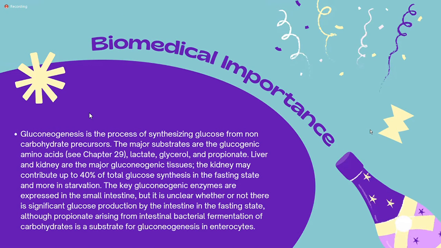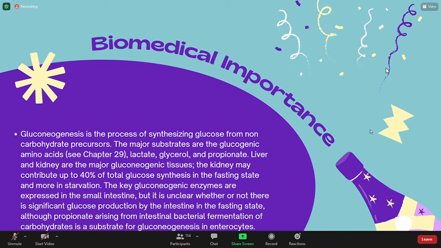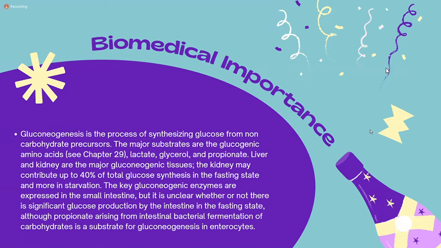And liver and kidney are the major gluconeogenic tissues. The kidney contributes about 40% of the total glucose synthesis in the fasting state and more in starvation. So these 2 important organs, the kidneys and the liver.